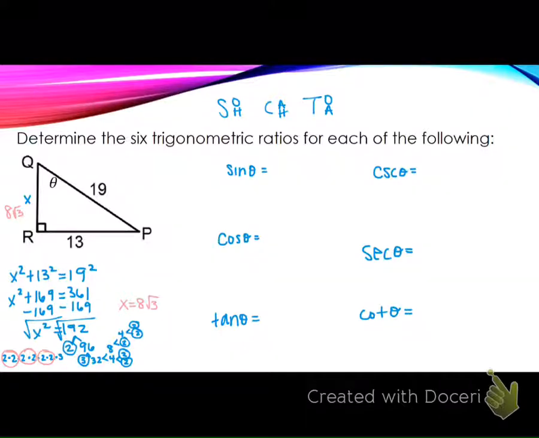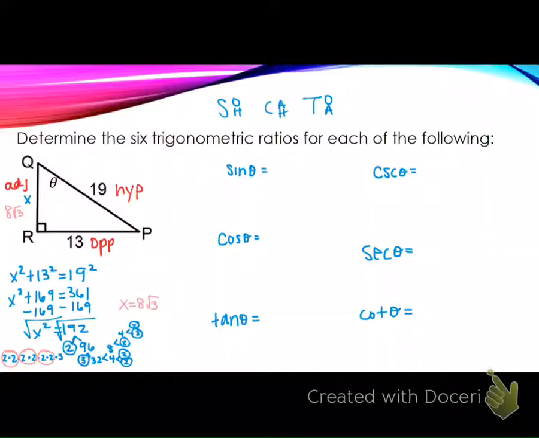So, opposite of theta is 13, the hypotenuse is 19, and 8 root 3 is the adjacent. Should be thinking, oh great, now I'm going to have to rationalize because there's a radical in this problem. So give me the sine of theta, Mariah. 13 over 19.